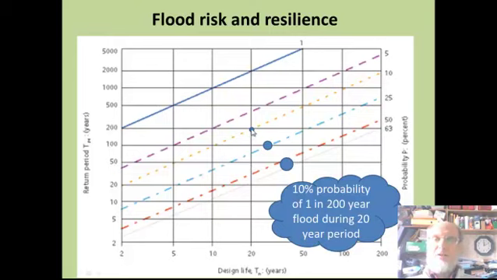This point represents a 10% probability, that's that dashed line there, of a 1 in 200 return period flood occurring during a 20-year design life. So you can see the risk of bigger floods for a specific design period and probability.